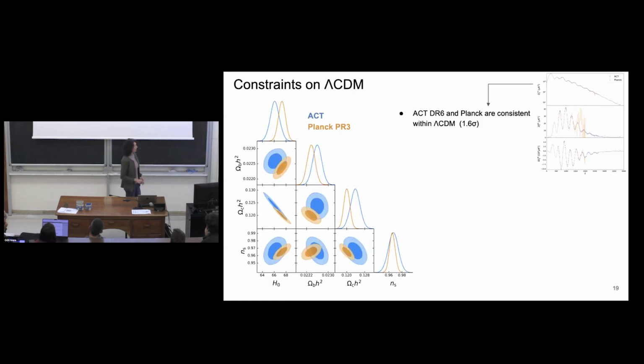Okay, so we kind of went in order, right? The first thing that we derived and tested was lambda CDM, which was the standard cosmological model that was consistent with observation when we were looking at our data. What we found is that the lambda CDM parameters coming out of ACT were really consistent with those derived by Planck.